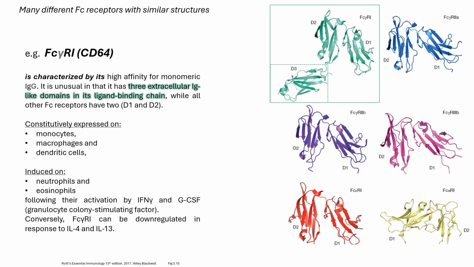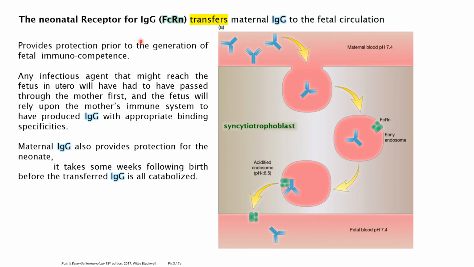Another receptor for IgG is the neonatal Fc receptor, FcRn. And this is essential for passive immunity, natural passive immunity.